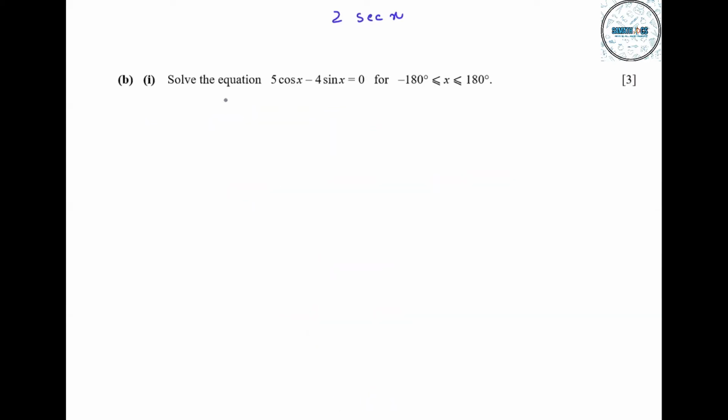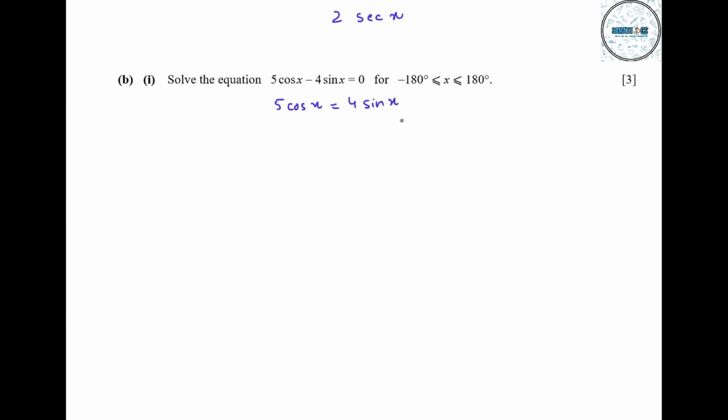Part B, solve the equation 5 cos x minus 4 sin x is equal to 0 for the range x is greater than or equal to minus 180 degree and less than or equal to 180 degree. Whenever we have an equation in cos x and sin x, we change it into tan x. First of all, we will take sin x on that side. So it will be 5 cos x is equal to 4 sin x.